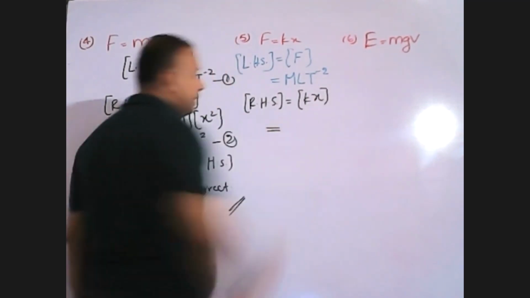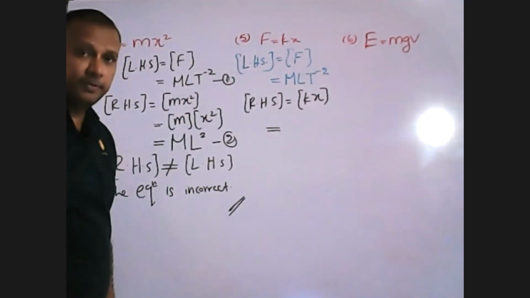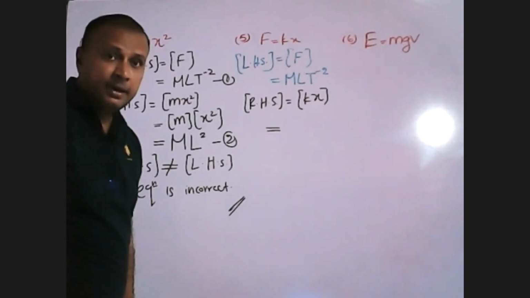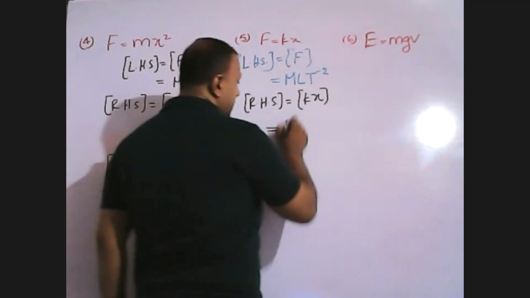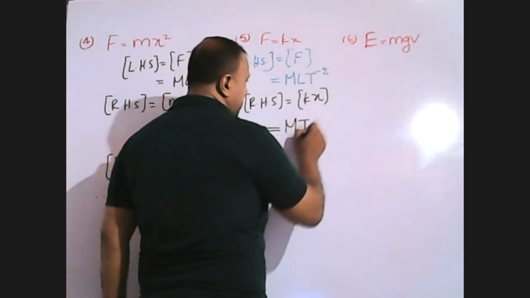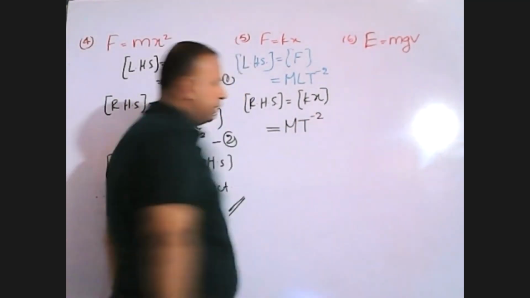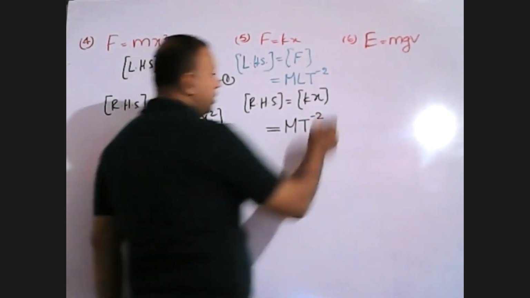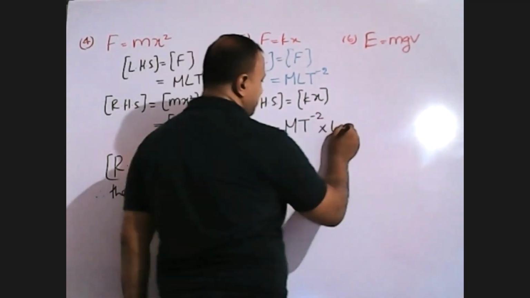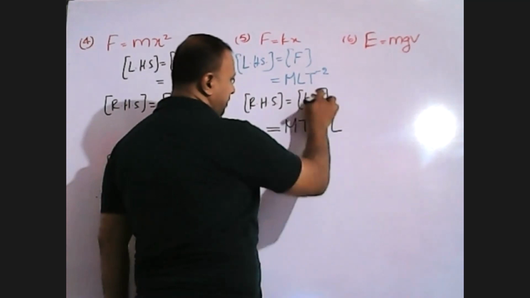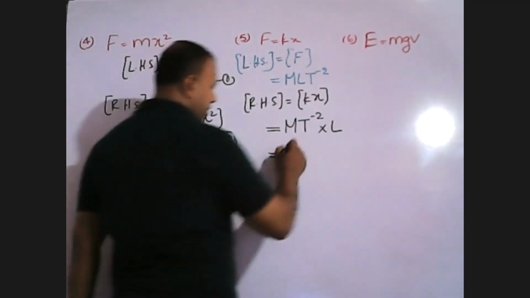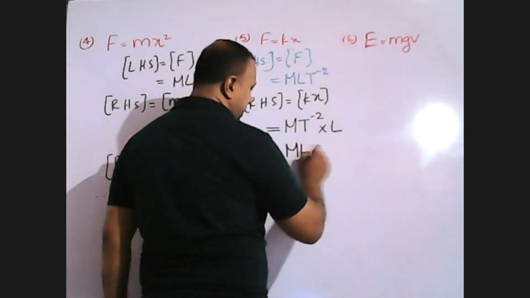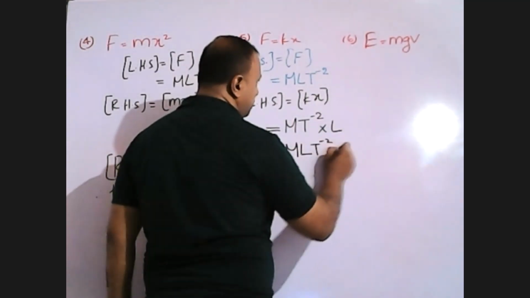K means spring constant. I think you can remember the dimension of spring constant. That is MT minus 2, into L, where L means dimension of x. So in here, we'll find MLT minus 2.